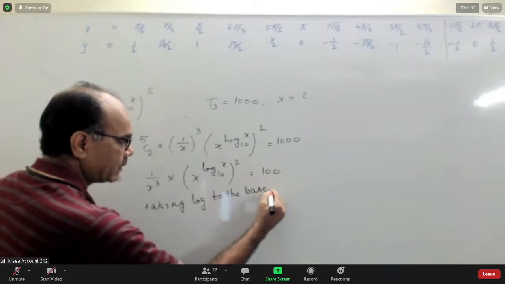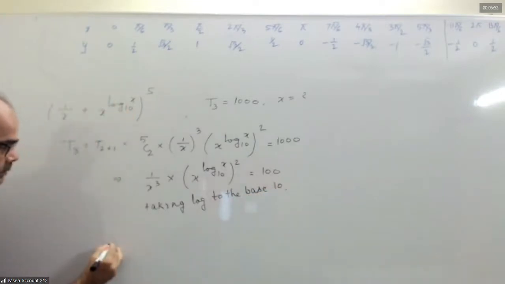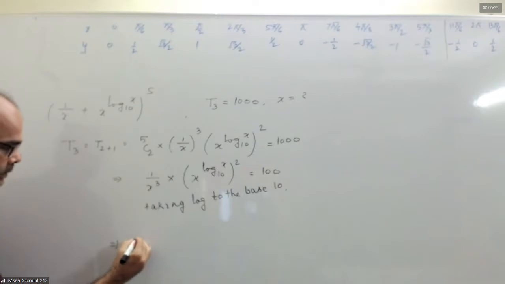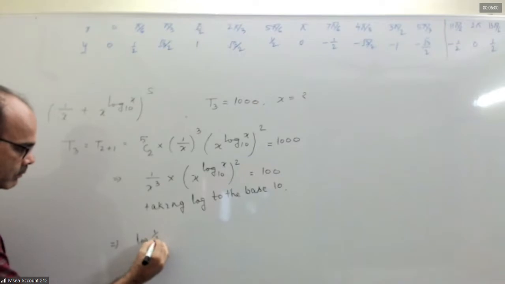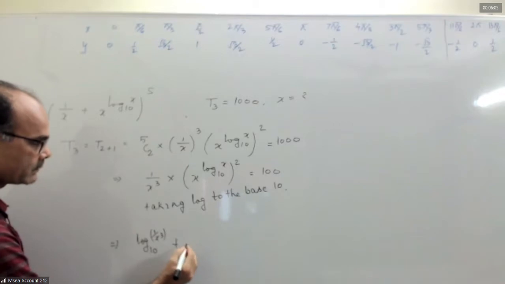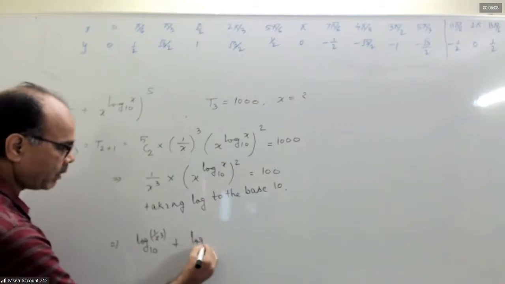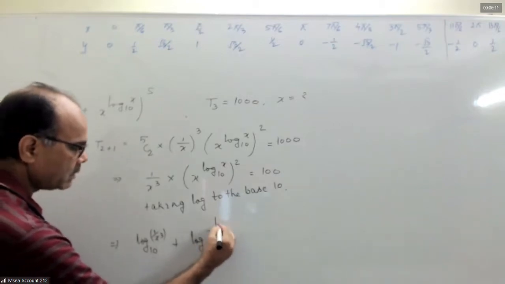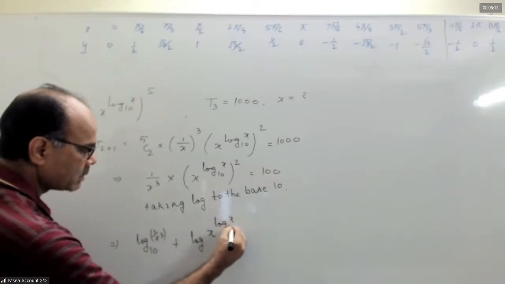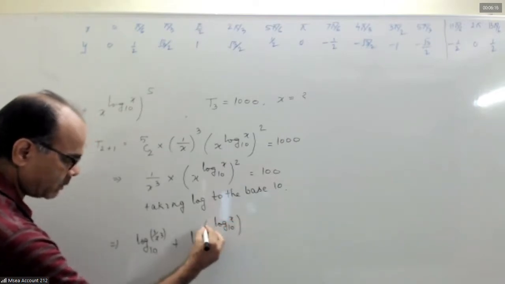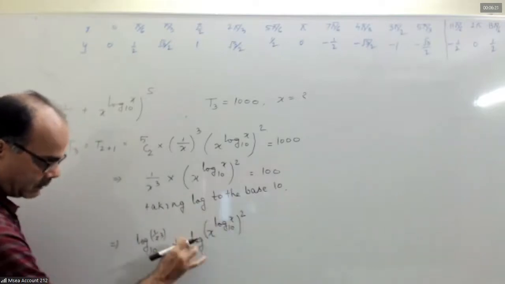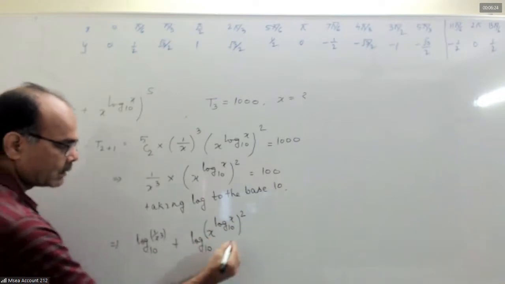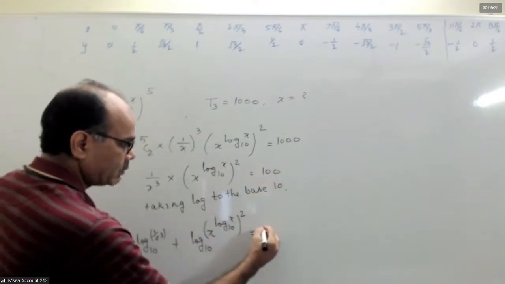So this will be log 1 minus log x cube, the base is 10, plus log operating on this. This is one number, log m to the power n, it will come this side. Equal to log 100 to the base 10, 2.